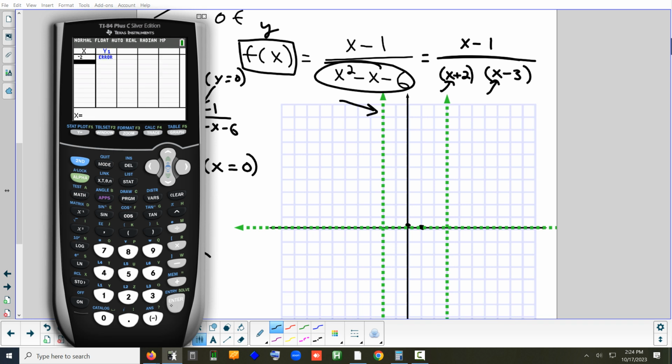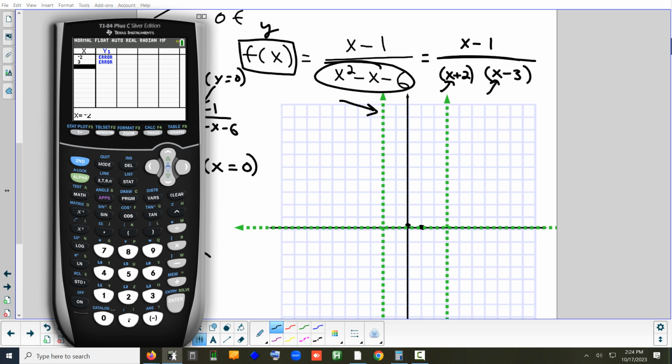Don't put negative 2, and don't do positive 3. Those are the asymptotes, so we're going to get an error. But what's a number that's pretty close to negative 2, maybe just a little smaller?